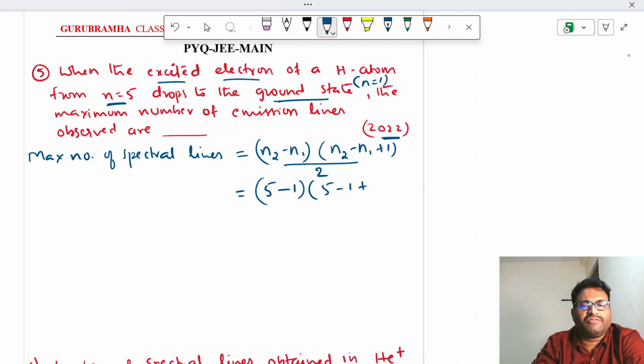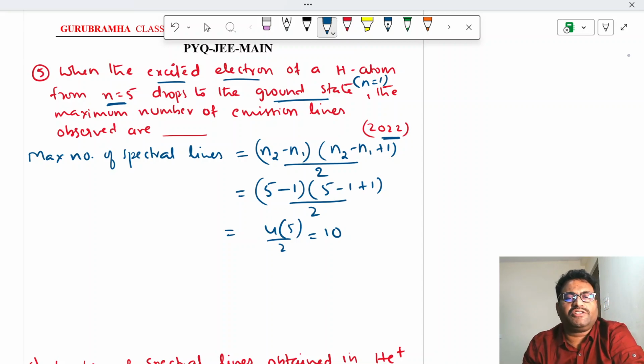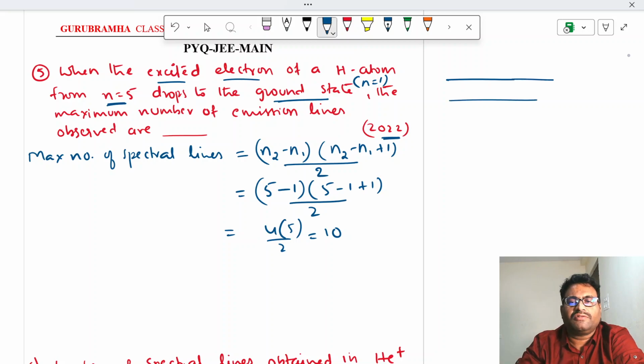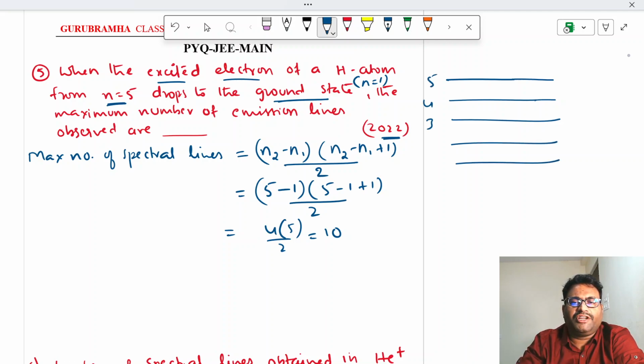So 5 minus 1 into 5 minus 1 plus 1 by 2, it is equal to 4 into 5 by 2, which is 10. So there are 10 spectral lines, emission lines. What are those 10 emission lines? So let us see this. 5, 4, 3, 2, 1.